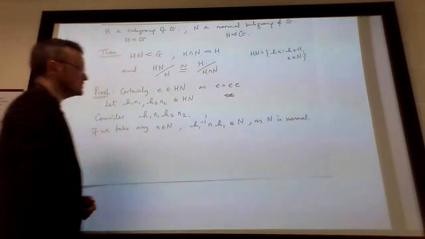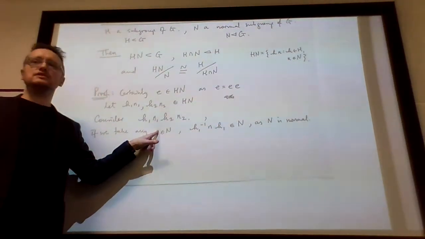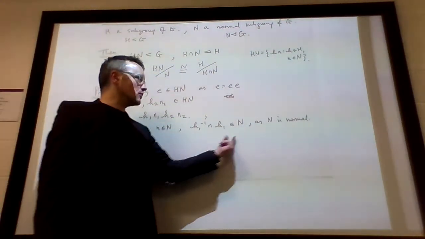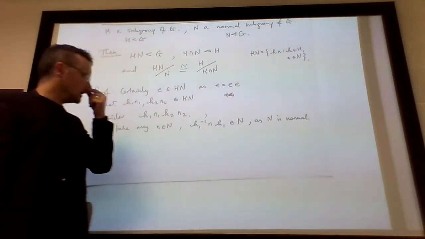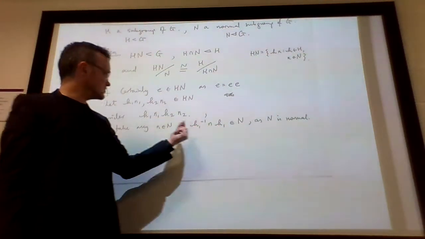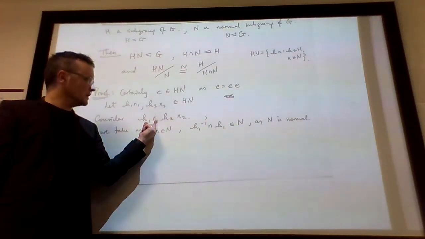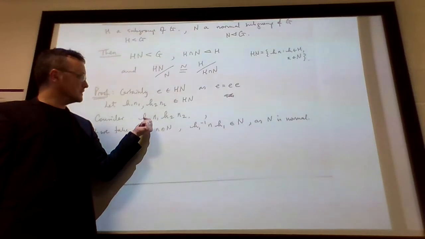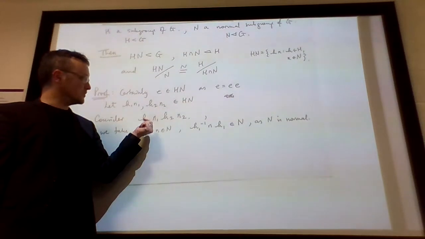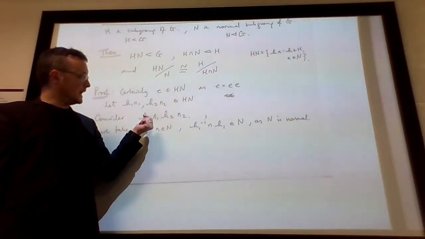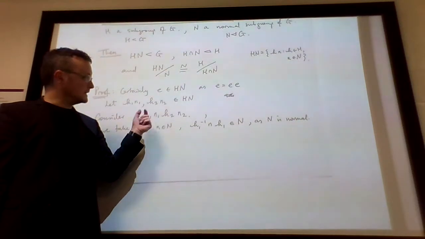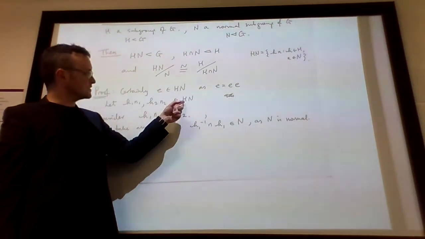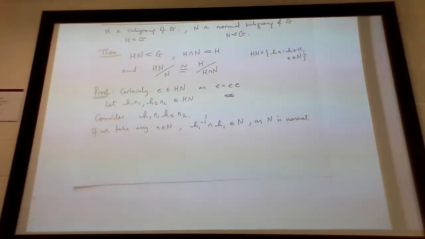And what I'd love to be able to do, so any choice of little n from the subgroup N, this will always again be an element of N. What I'd really like to be able to do is to substitute that in for this n1, because then that would cancel my h1. I would cancel that h1 from the front, and I'd just be left with an n. So I'm trying to get closer to something from H times something from N.